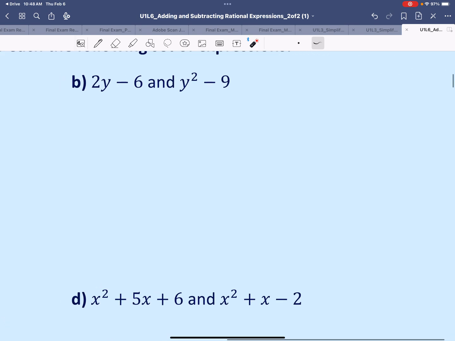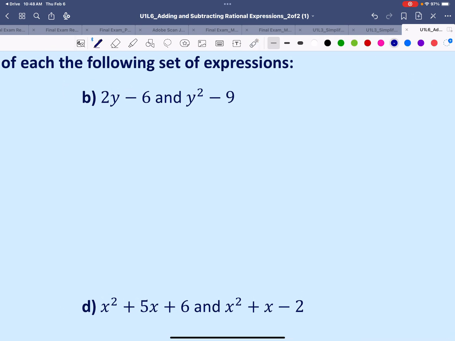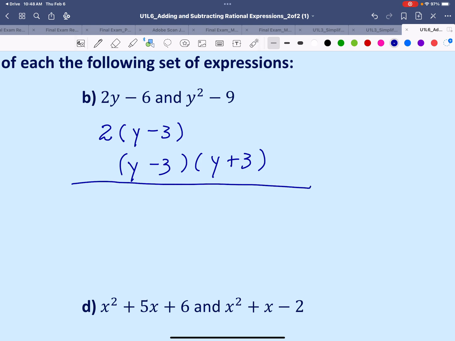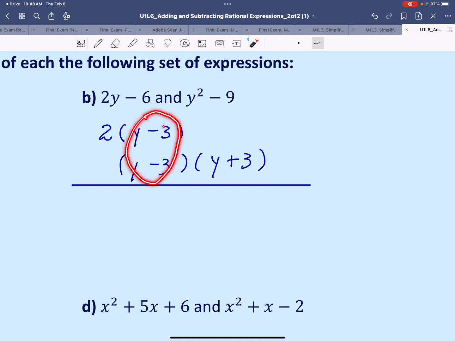In the same way, we reason about the next set of expressions. We're going to start with the first one, which is 2y minus 6, and y squared minus 9, which can be written as y minus 3 times y plus 3. My favorite way of finding the lowest common multiple of expressions is by breaking the expressions down into factors, and whichever factors are common, I list them below each other.